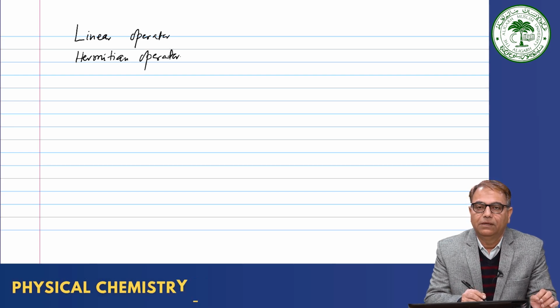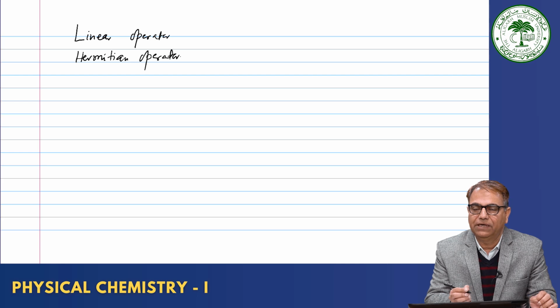I defined linear operators and Hermitian operators in the previous class. I also explained that if you are given a particular operator and asked to find out whether it is a Hermitian operator or not, then how to find out, this we did in the last class.